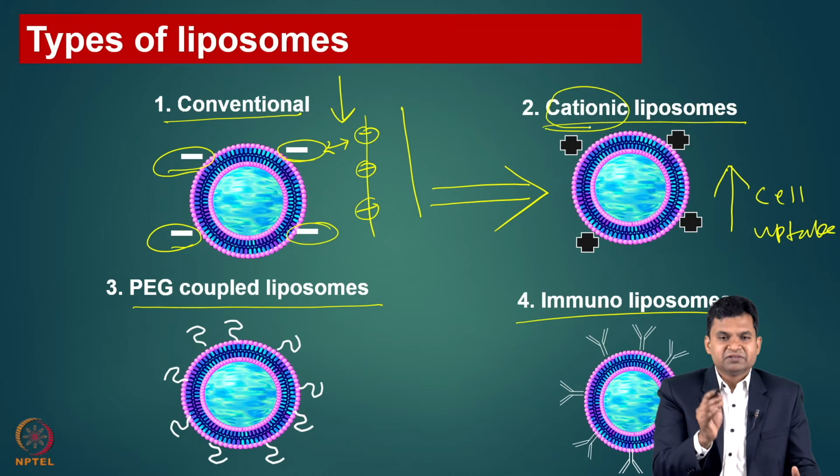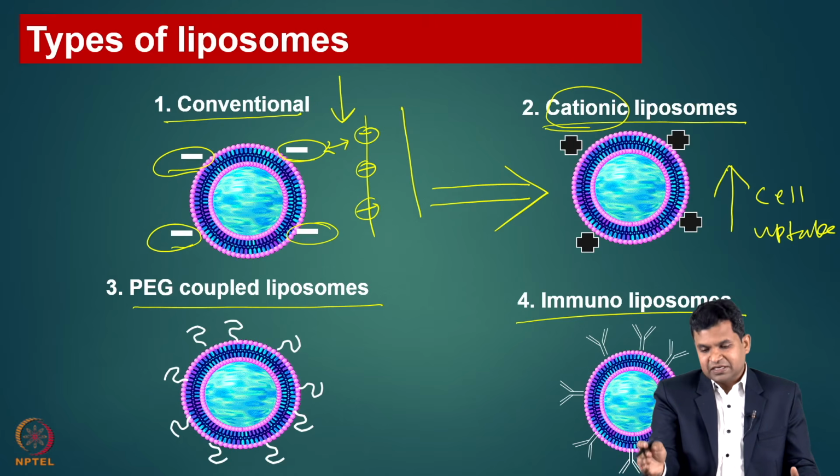Conventional liposomes have a negative charge and a very short half life, whereas cationic liposomes have a positive charge, very high cellular uptake, and a long half life of interaction with the cell membrane.